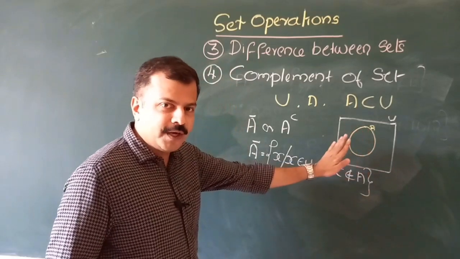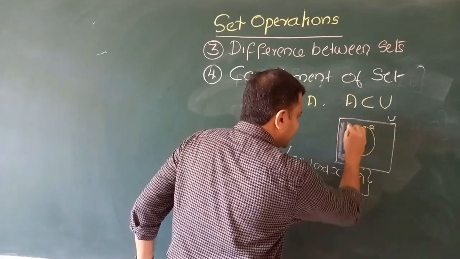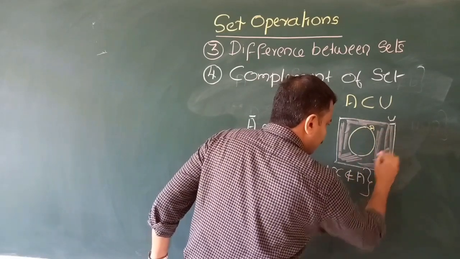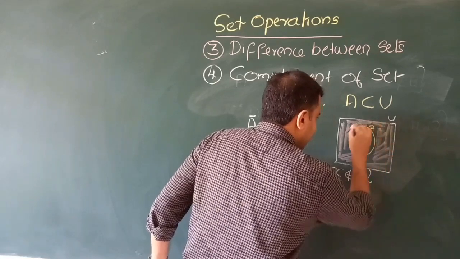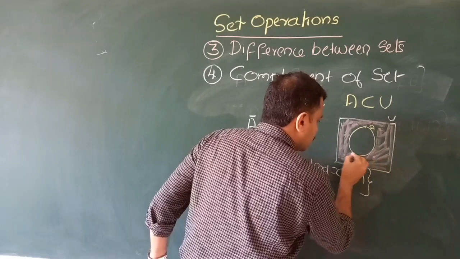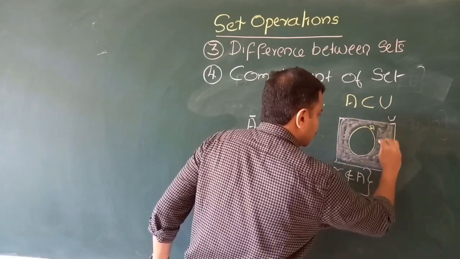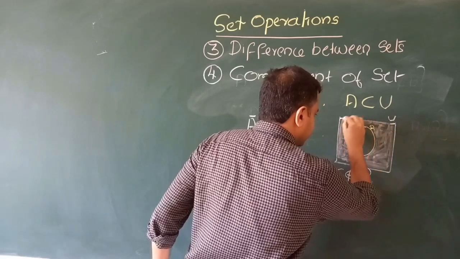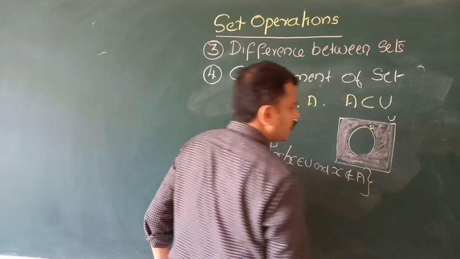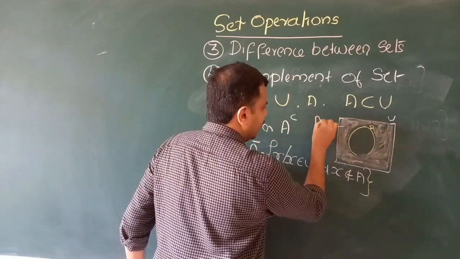Now, where will be the points? All these areas of the universal set, which are members of the universal set but do not belong to set A. So this area, this portion of the universal set that belongs to the universal set but does not belong to A, is nothing but our A complement.